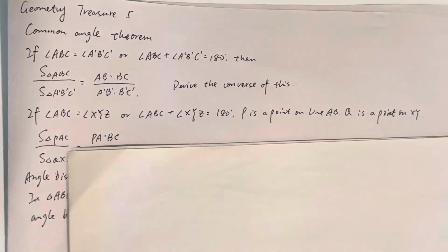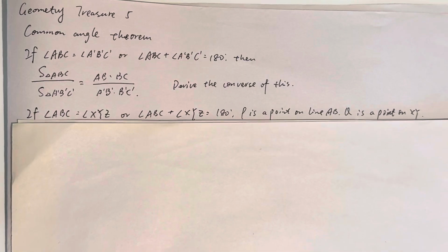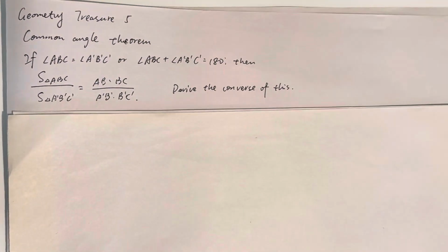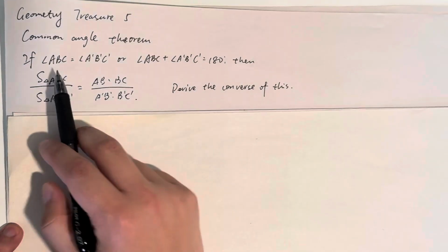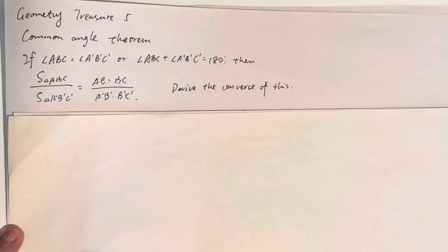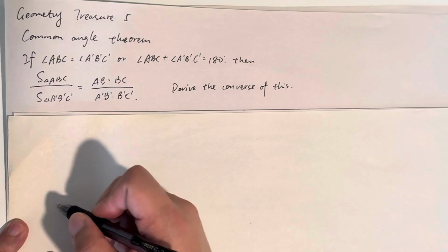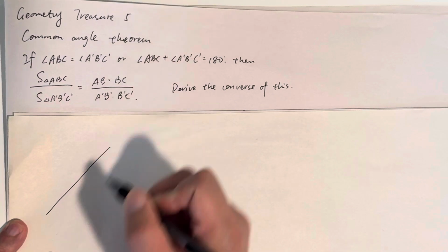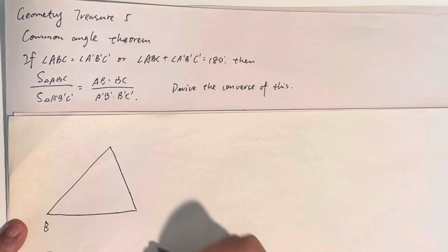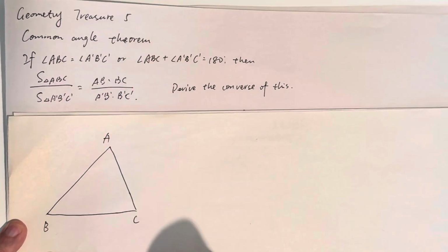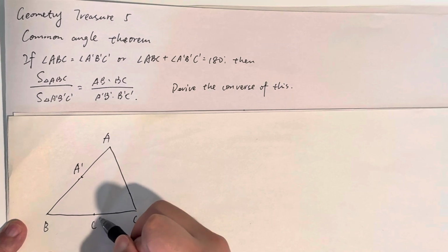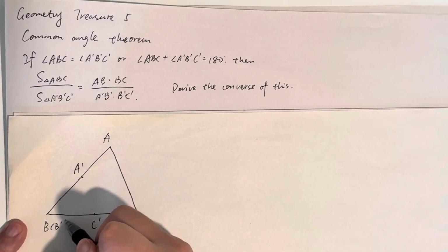Okay, so we would have several cases for the first problem set, because for triangle ABC and triangle A prime B prime C prime, we can put them together, right? We have two different ways to put them. The first one would be point B is here, C is here, A is here, A prime, C prime, so B is B prime, right?